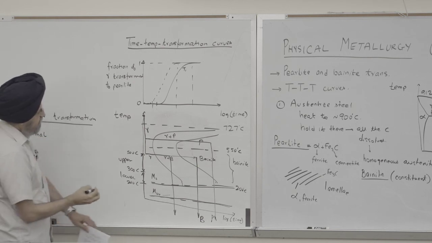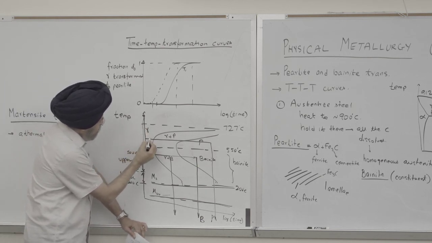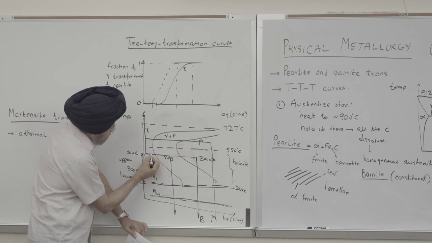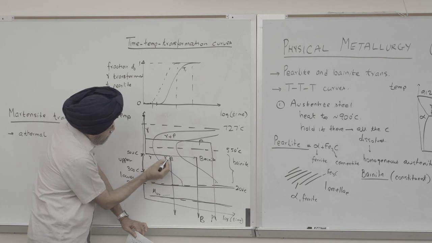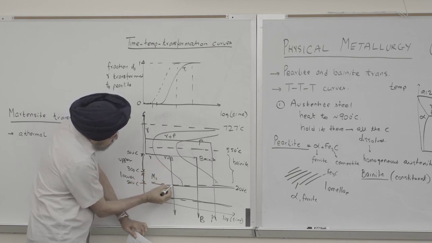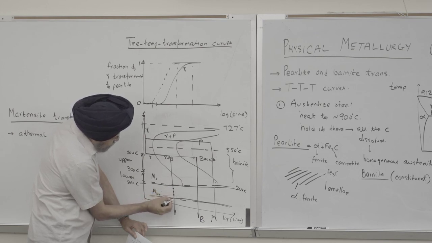Let's take this case where we came down here, we held at this temperature for some time. So now we have 50% austenite, 50% bainite, and we quench down. When you get to this point, martensite will start forming. At this point, it'll be more. At this point, 50%. At this point, 80 and 100.